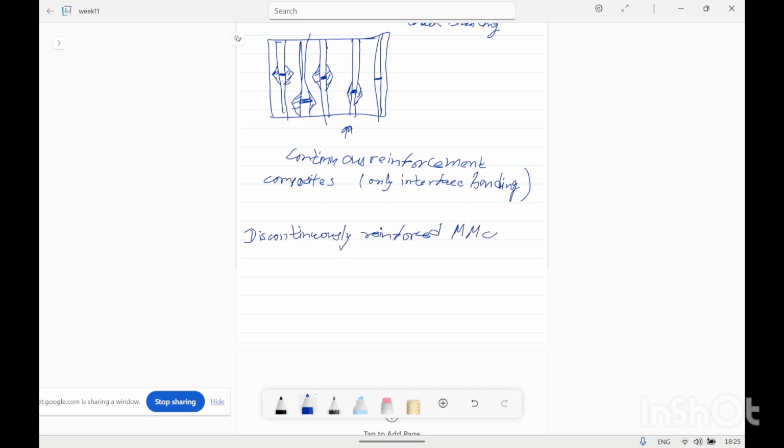Metal matrix composites. In these discontinuously reinforced composites with interfacial bonding, there are many factors which affect the fracture behavior.